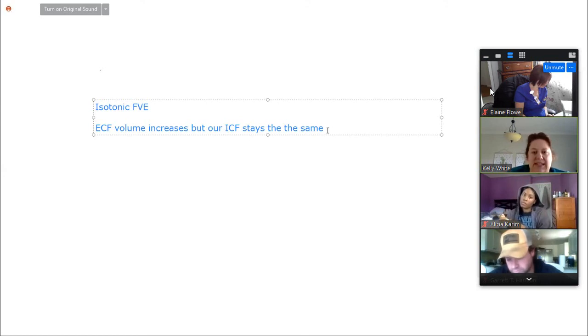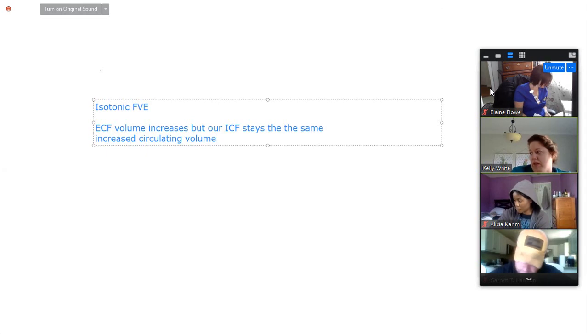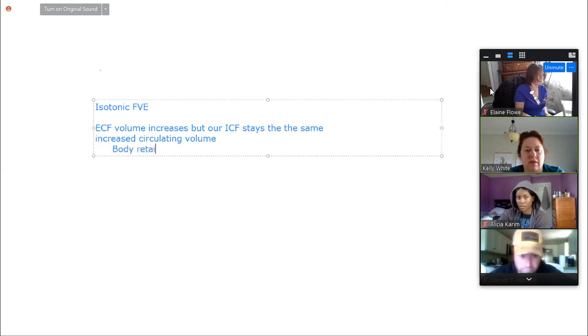So this gives us an increased circulating volume. And this will happen when your body retains water and sodium in similar proportions.